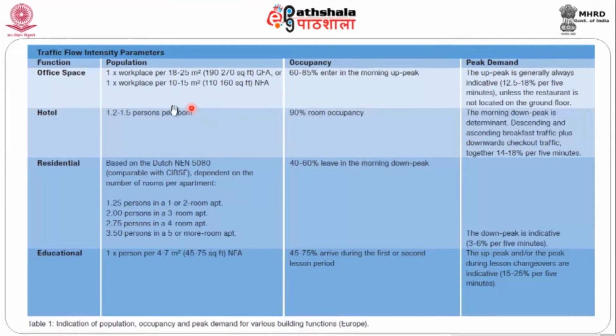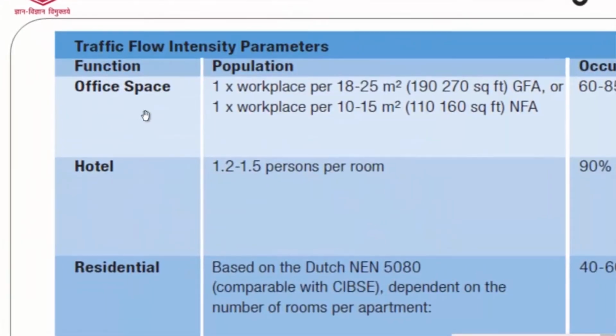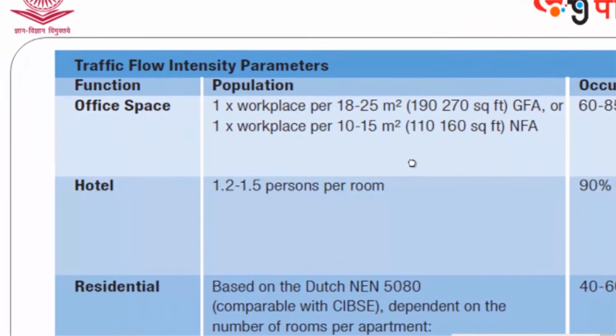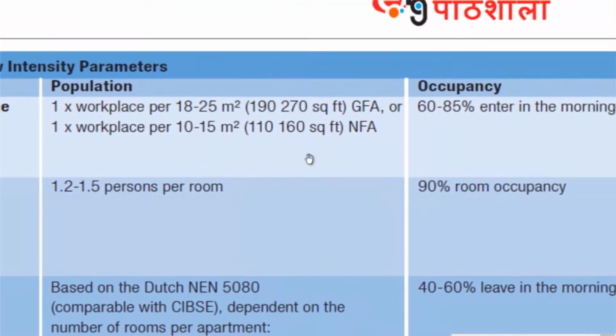Now, this table indicates the traffic flow intensity parameters depending on the function. For example, if we take office space for population 1 in workplace per 18 to 25 meters square.